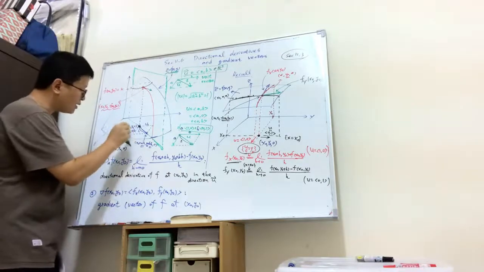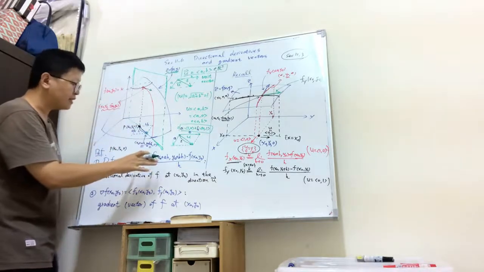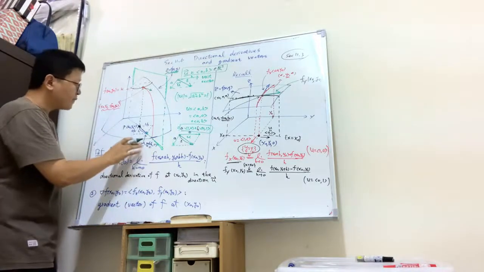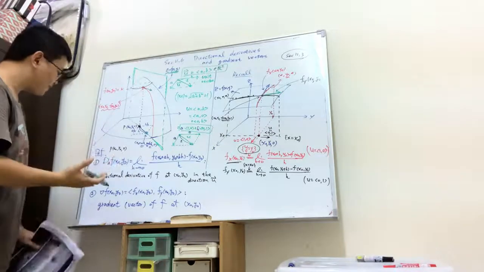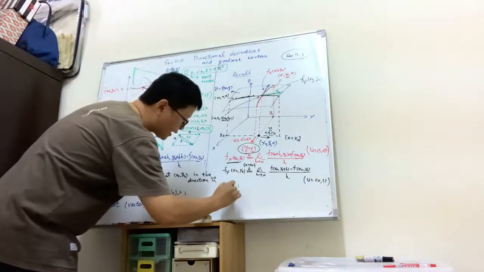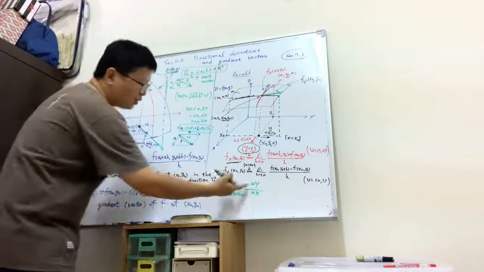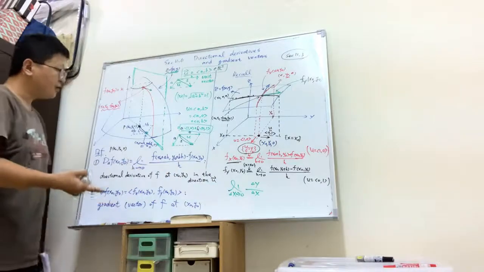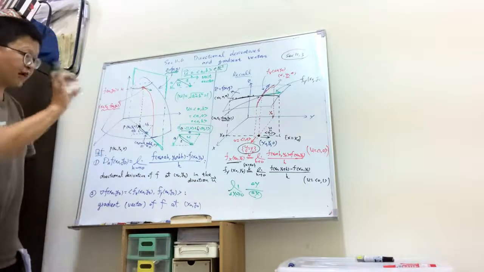Now we can see two points, because we want to define the directional derivative. Originally, for the derivative, we define it this way: limit as delta x approaches 0 of delta y over delta x. Change in y over change in x, and let the change in x approach 0, right? So we should have two points.